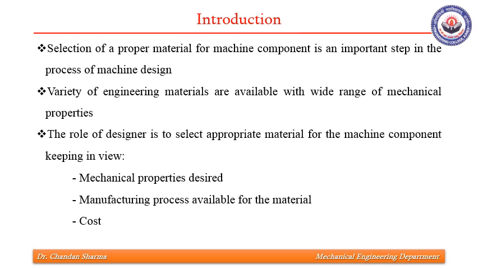The role of the designer is to select appropriate material for the machine component, keeping in mind the desired mechanical properties, the processes available for its manufacturing, and the cost of material, because it is desired that the first cost of material as well as its processing cost should be minimum. Then only we can say the design is fulfilling economic considerations.